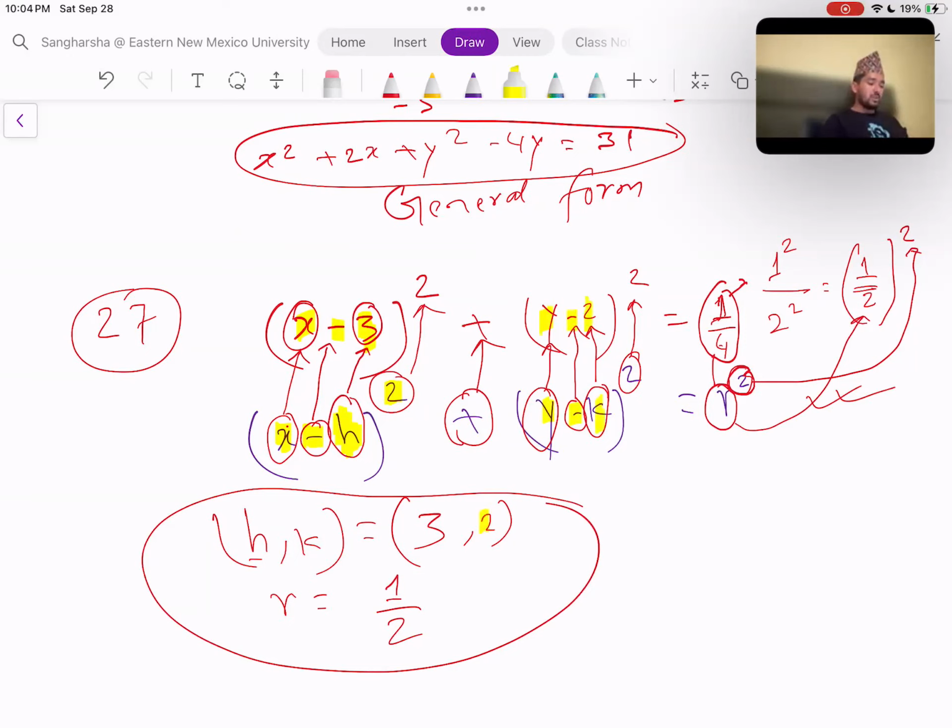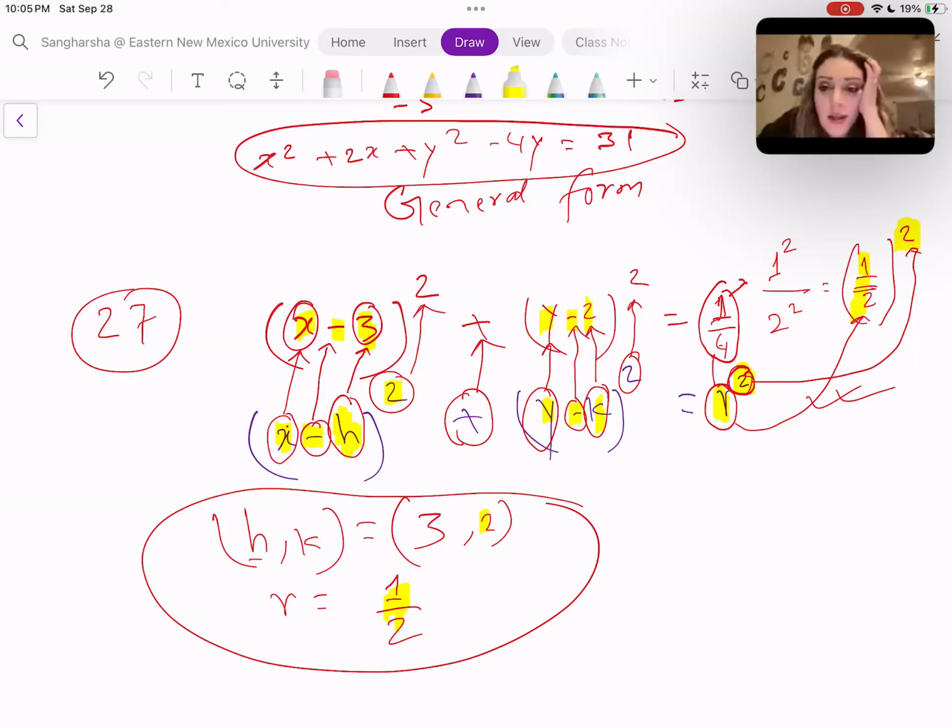Here we don't have the square, so we rewrite 1/4 with the square. For r, we have 1/2, which is the radius. So this is for number 27. If you have any question, please let me know.